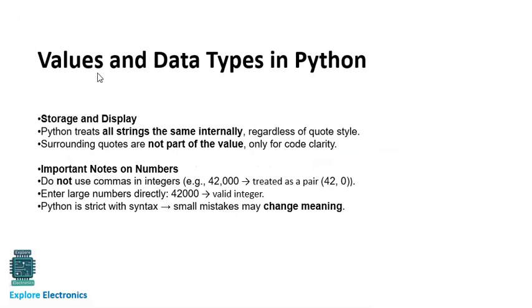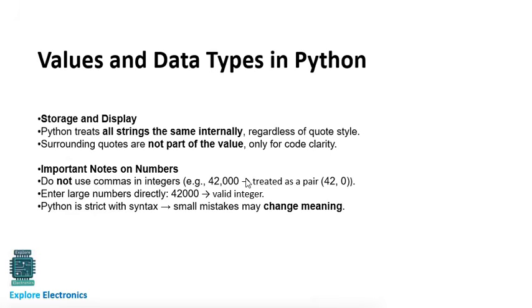The next one is values and data types in Python. Python treats all strings the same, regardless of quote style. Whether you take single quote or double quote, it will treat them the same. Surrounding quotes are not part of the value, only for clarity.